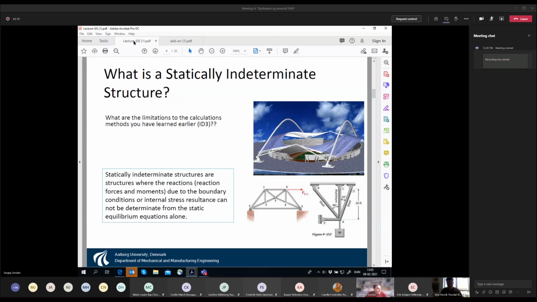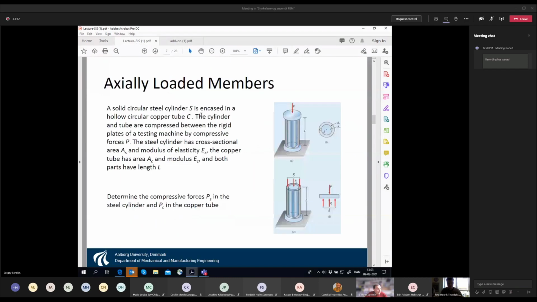Then we move on with the slides, and this is more or less a similar formulation, but a little bit simpler. We have a hollow cylinder, a copper tube. And inside this copper tube, we put a steel cylinder, a solid cylinder.